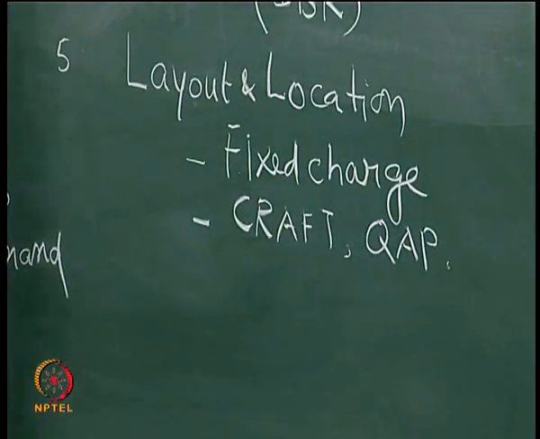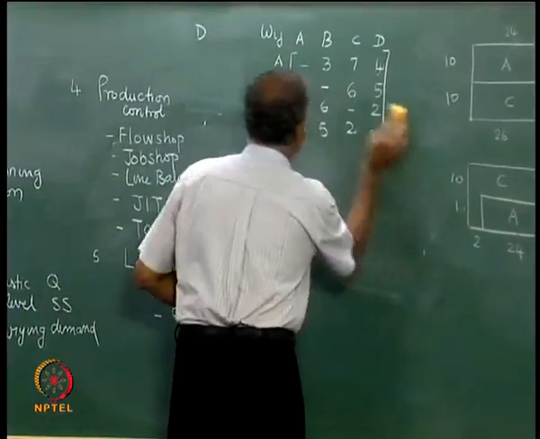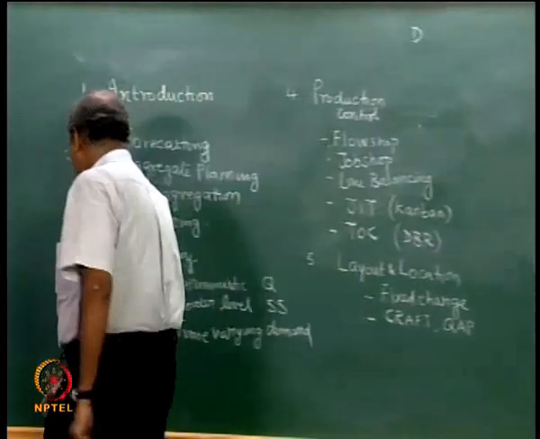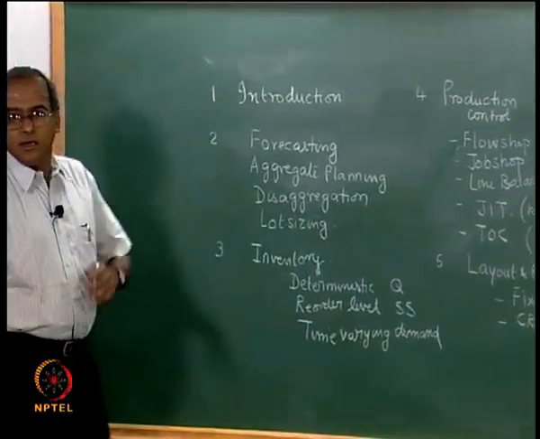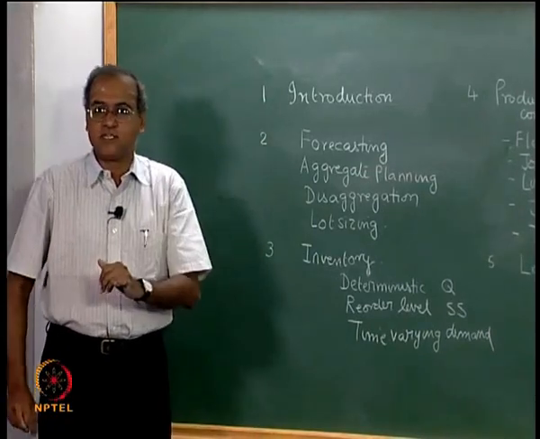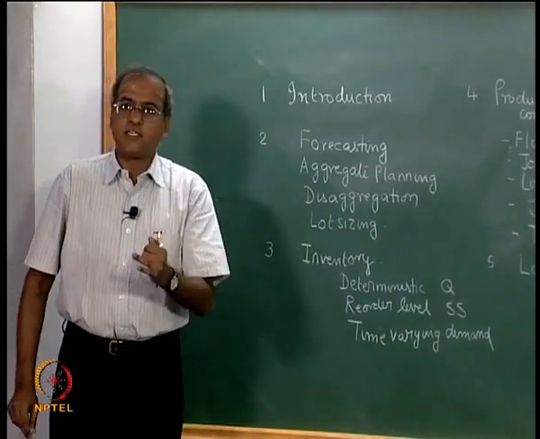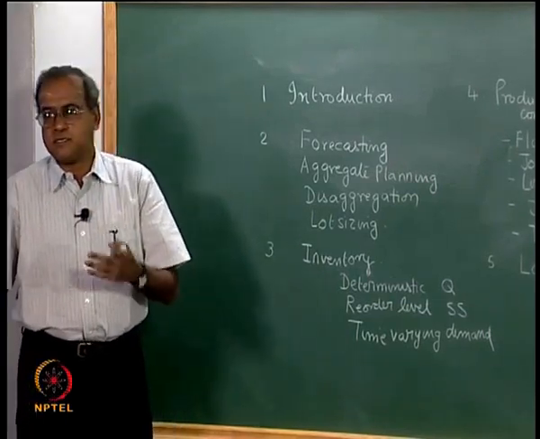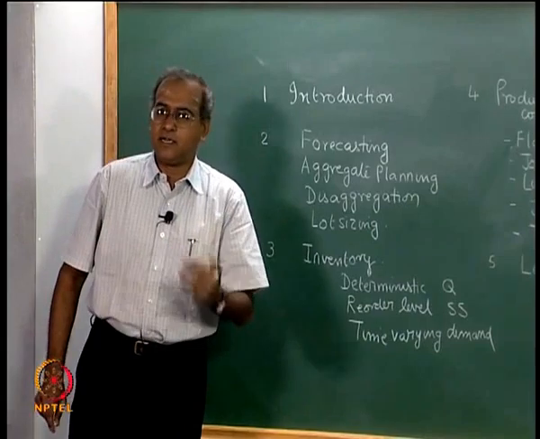So, what we have seen so far, from the context of supply chain, we could call major decisions in supply chain as location decisions, production decisions, inventory decisions, distribution decisions, and information related decisions.